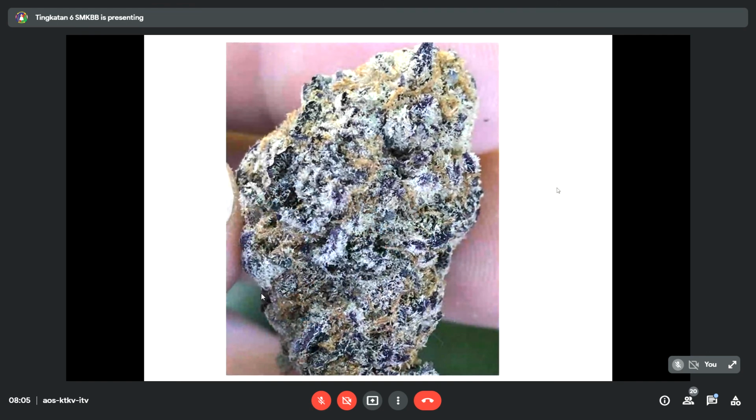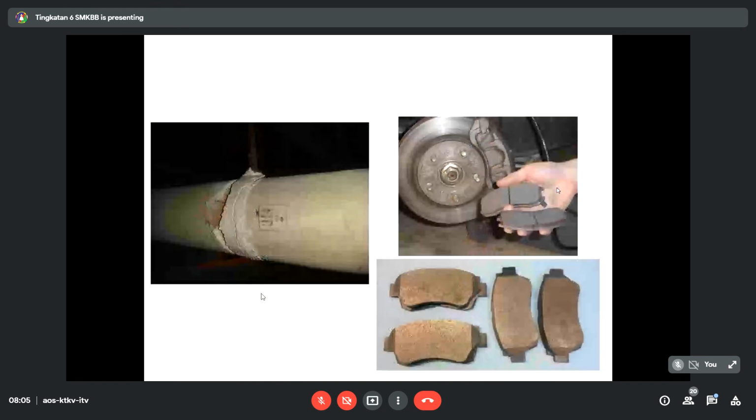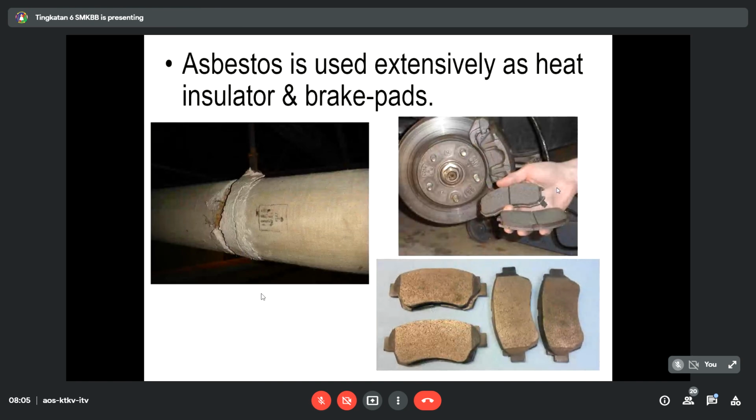Okay, hard, looks like rock but quite brittle. Okay, so of course asbestos is used extensively as heat insulator and also brake pads. I don't know this one, brake pads. That means when you put on your brake, this one would cause the wheel to stop.